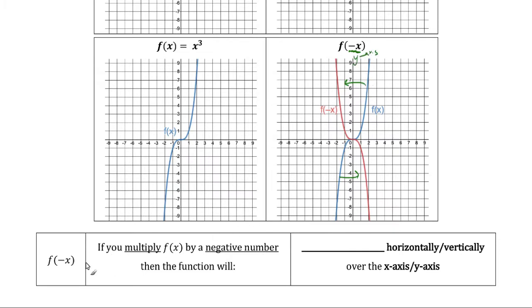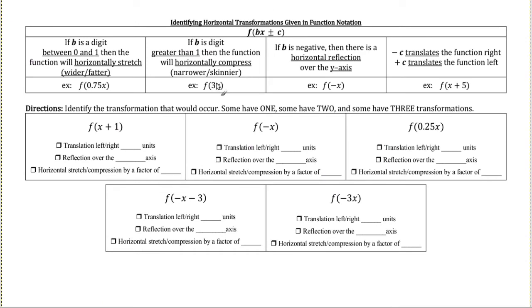So when you multiply by a negative number, and in this one, we're multiplying by negative 1, then we are going to reflect horizontally, because remember we're doing horizontal, over the y-axis. Alright, one more section of notes. Now let's learn how to identify these.